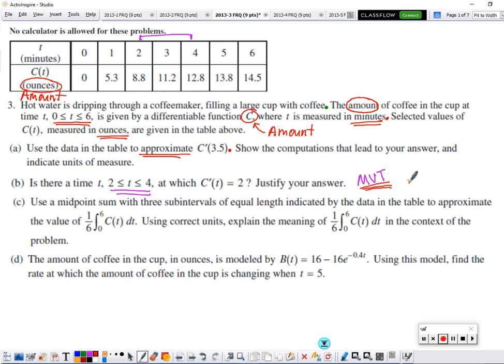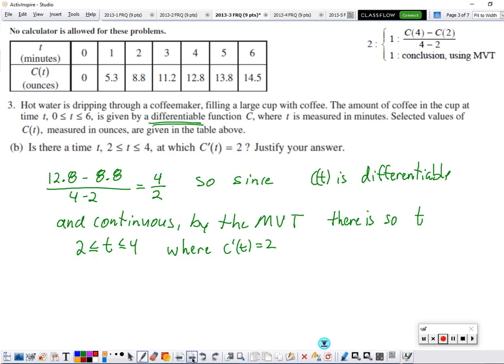But anyway, what you have to do is what I did here. You have to find the average rate of change between 2 and 4. You notice that that average rate of change does turn out to be 2. Because the average rate of change from 2 to 4 is 2, and because the function C is differentiable, that means that C is also continuous.